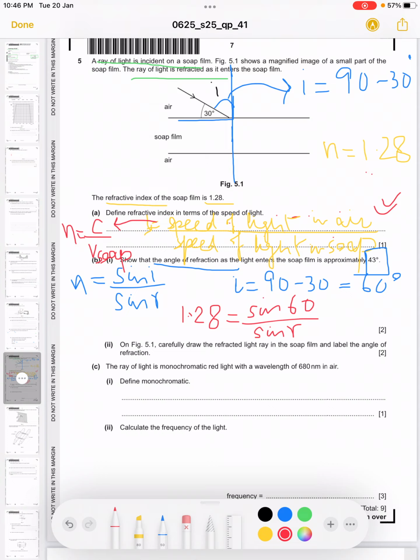Just cross multiply it, and you get sine r equals sine 60 divided by 1.28.